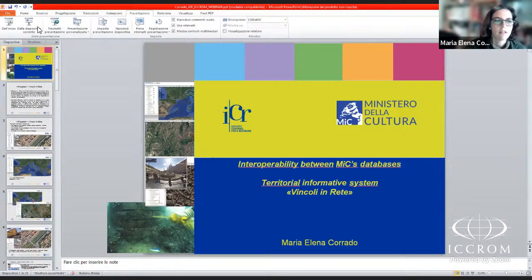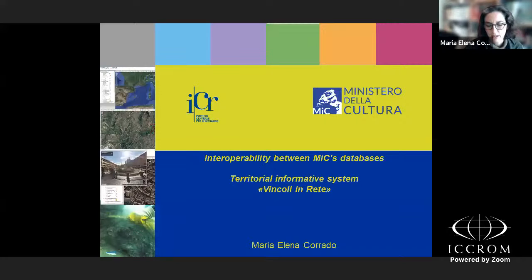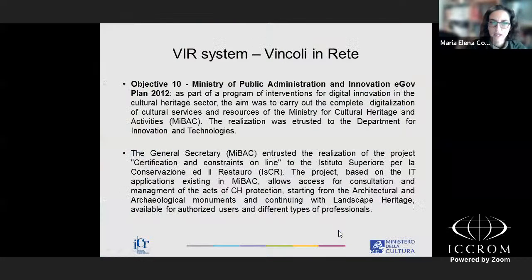So the system I'm going to show you is Vincoli in Rete. Vincoli is a legal term. It could be translated in English as cultural heritage online, and it was born in 2012 with the Objective 10 Ministry of Public Administration Innovation eGov plan, as a part of a program of intervention for digital innovation in the cultural heritage sector.